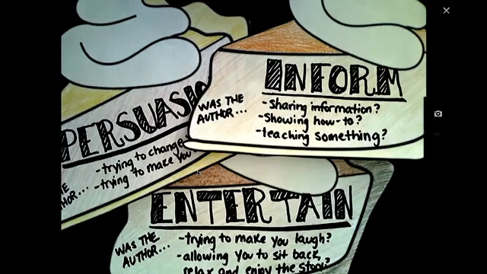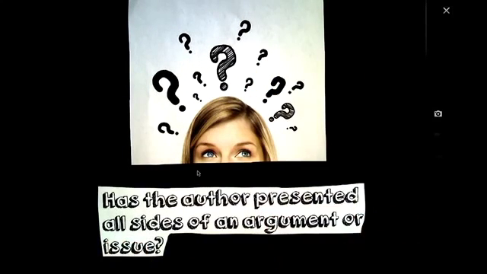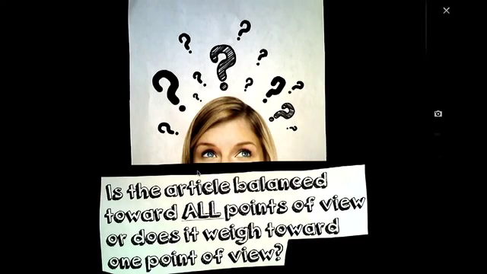Once you've decided what piece of pie the author has given you, now you have to look for the author's attitude toward the topic they're writing about. This requires you to ask yourself some questions, like, has the author presented all sides of the argument or issue? Is the article balanced toward all points of view, or does it weigh toward one point of view?